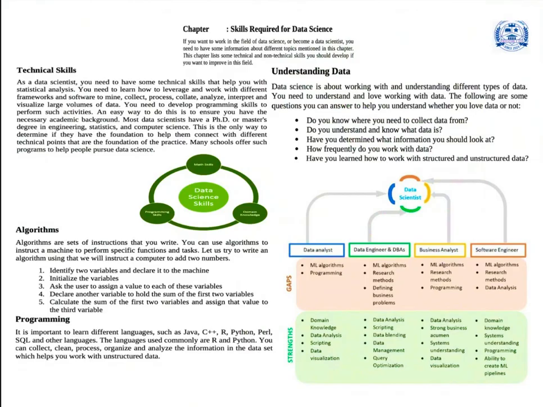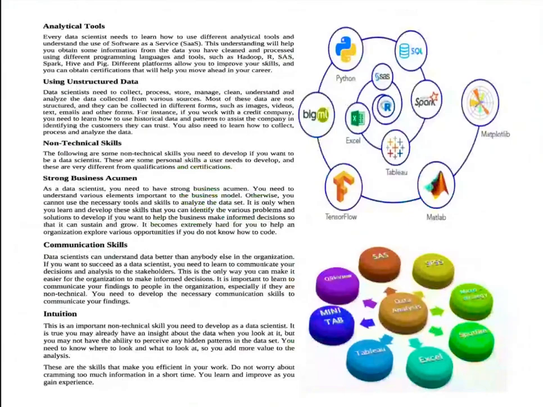There are a number of things which could be classified depending on the domain where you are working or are supposed to work. Now, the analytical tools, how to handle structured and unstructured data, how to train the system.